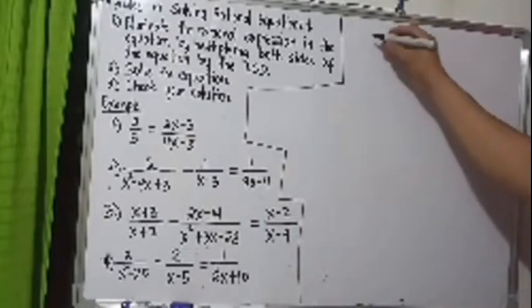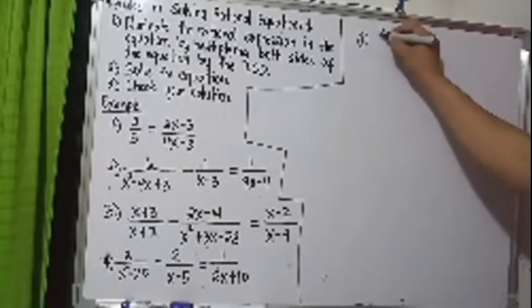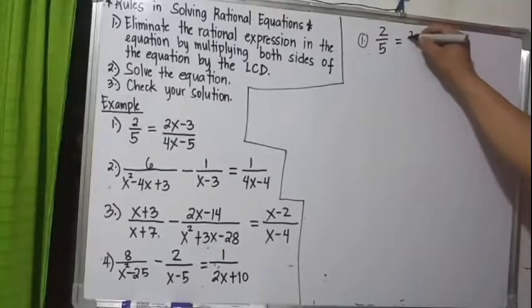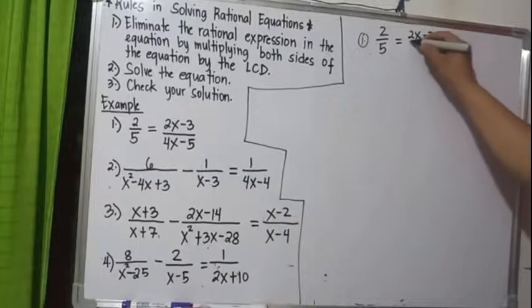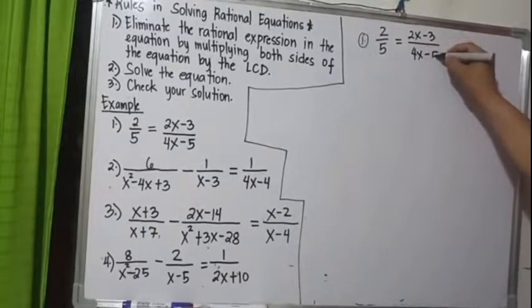So number 1, we have 2 over 5 equals 2x minus 3 over 4x minus 5.